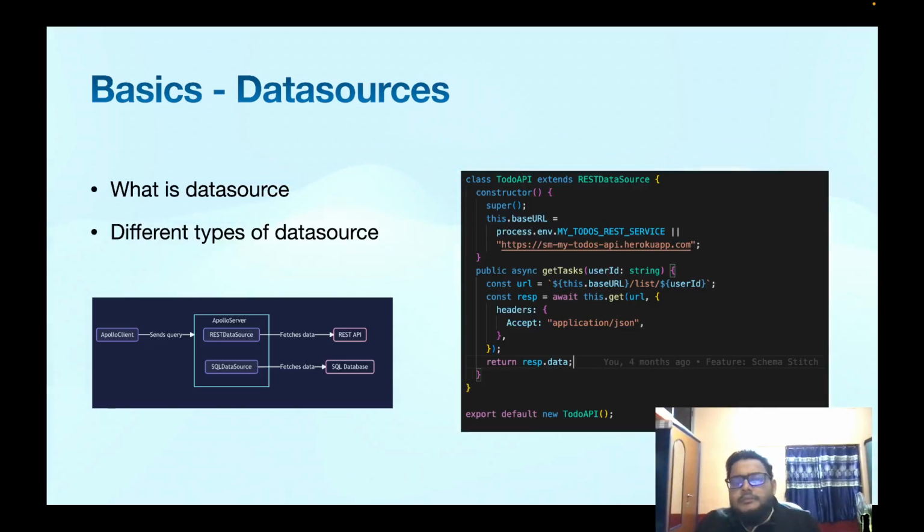The sources can be a REST API, a database, or any other thing. So from the resolver, we connect to different sources to get our data, then we return that data.